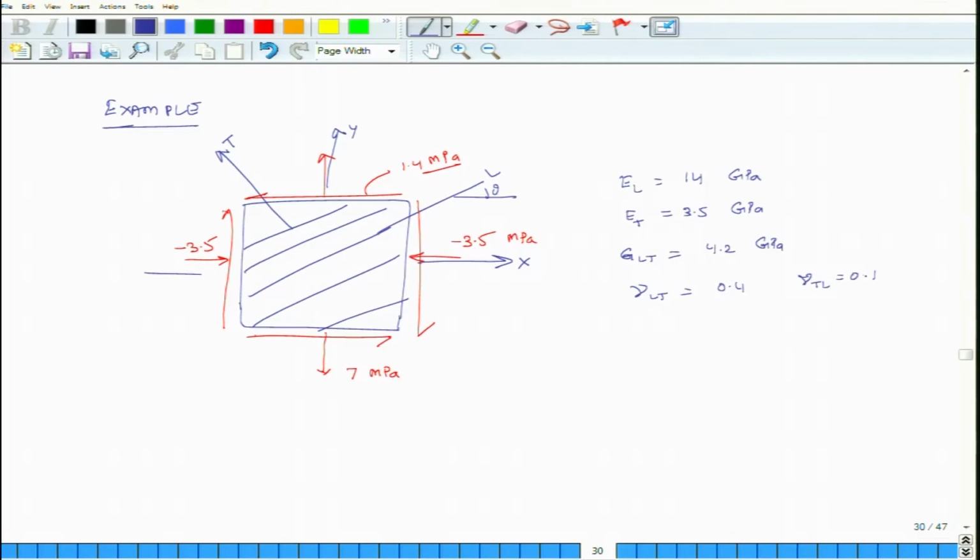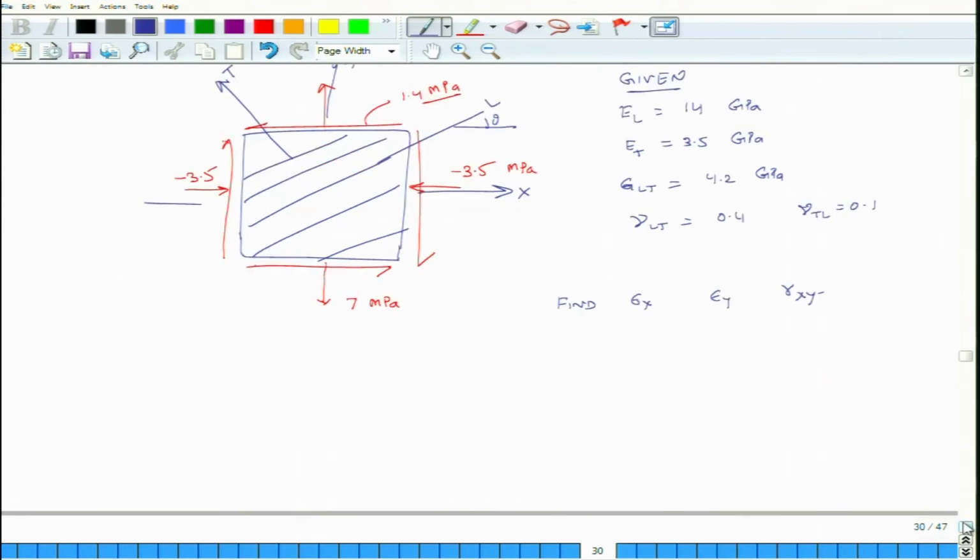So, these are the material properties we already know in the LT plane. So, this is given. We have to find all the stresses and strains, so we have to find epsilon x, epsilon y, gamma xy. So, how do we do this?